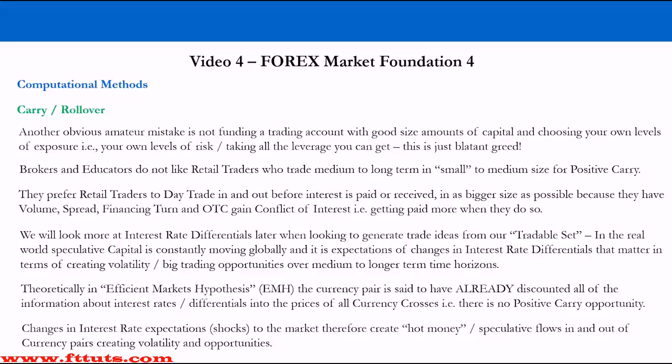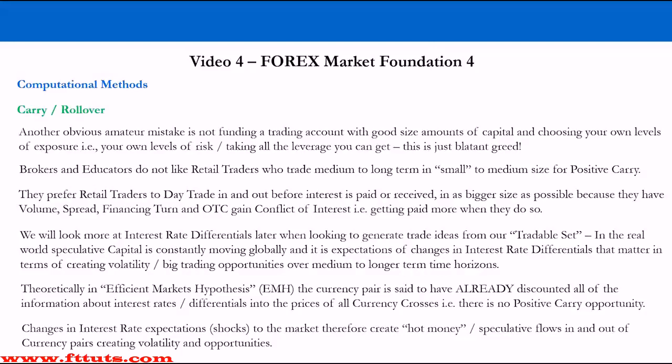We briefly went over this a little bit earlier when we talked about the narrowing and the widening of interest rate differentials. Now start thinking about it in terms of the expectation of the narrowing and the widening of interest rate differentials.